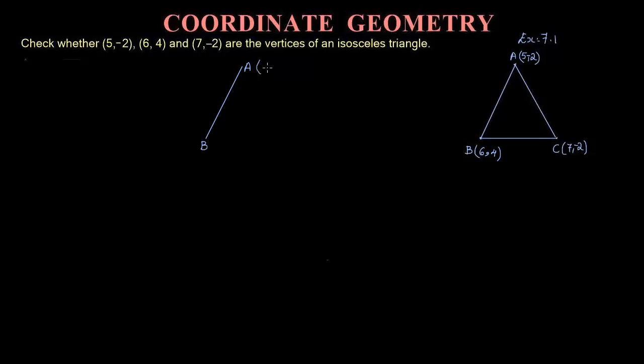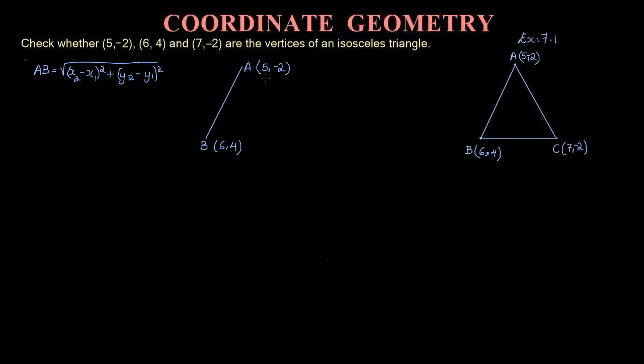I am writing the coordinates of line AB: 5, minus 2, and here we have 6, 4. Right, so write the distance formula for AB line. We have square root of x2 minus x1 whole square plus y2 minus y1 whole square, right?